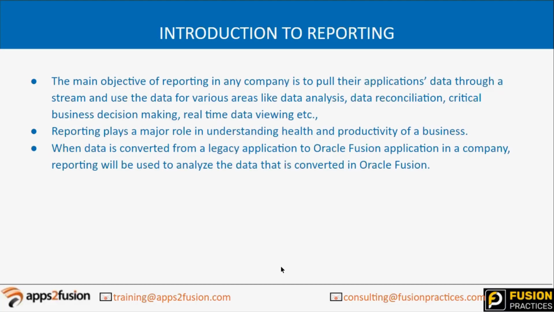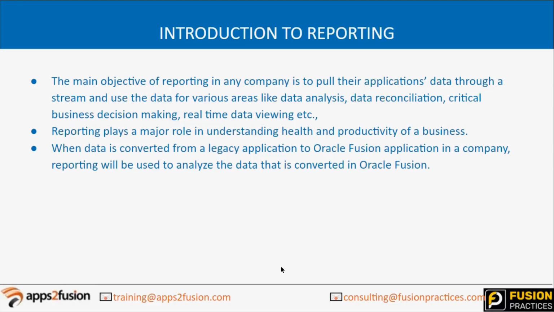Before we look at what reporting tools we have, or before we understand the reporting aspects of Oracle Fusion Cloud, we should know why we use reporting, right? We already know that the main objective is to pull the application's data and show it in a nice manner to business users to make decisions on major business aspects, and we can also use it for data analysis and for reconciliation.